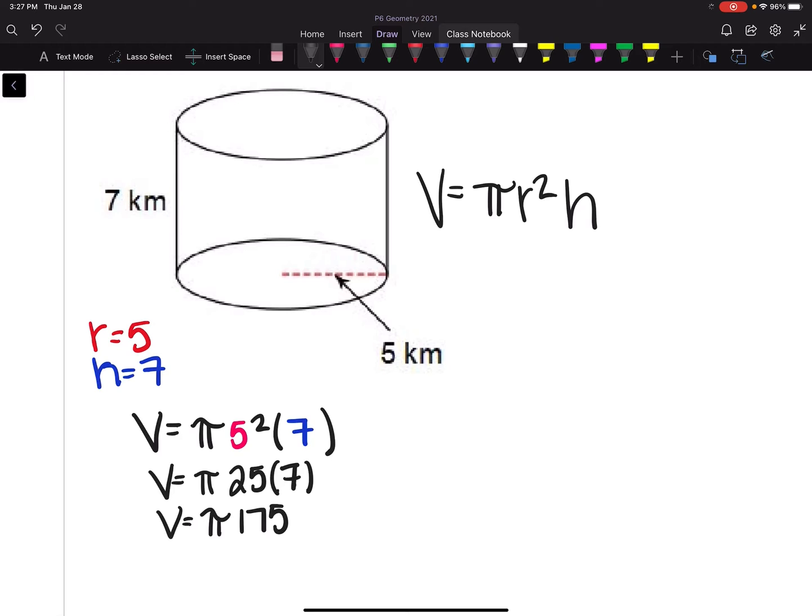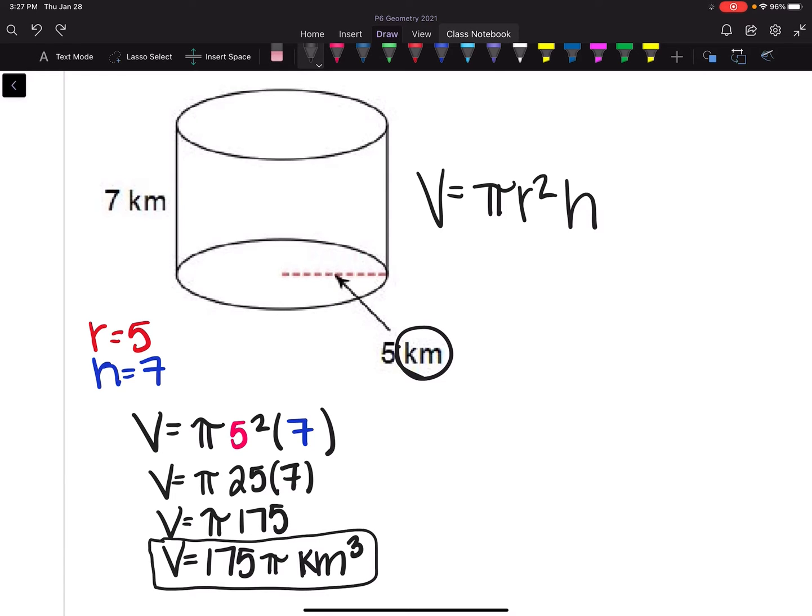So we have volume is equal to 175 pi, and I want to put my units on here again, which is kilometers to the third power. So the volume of the cylinder is 175 pi kilometers cubed.